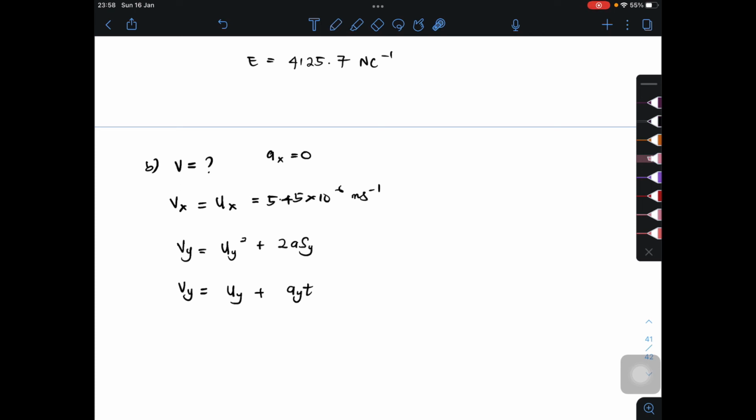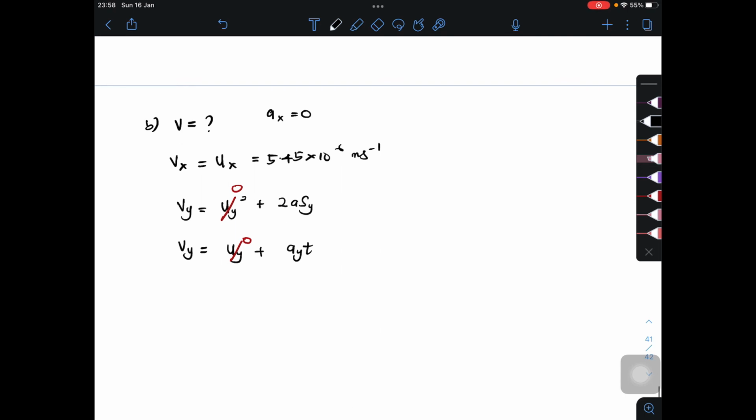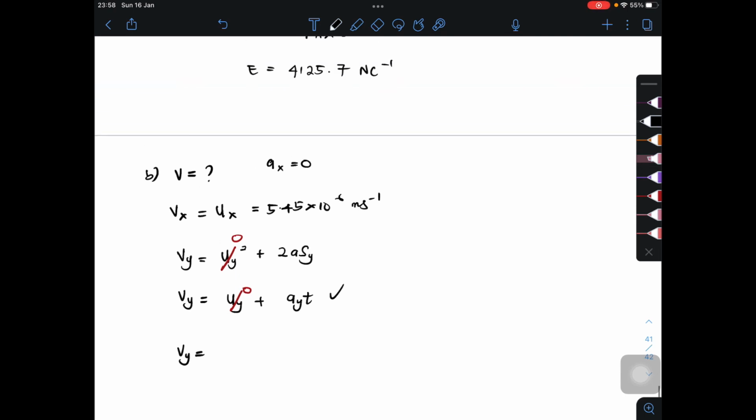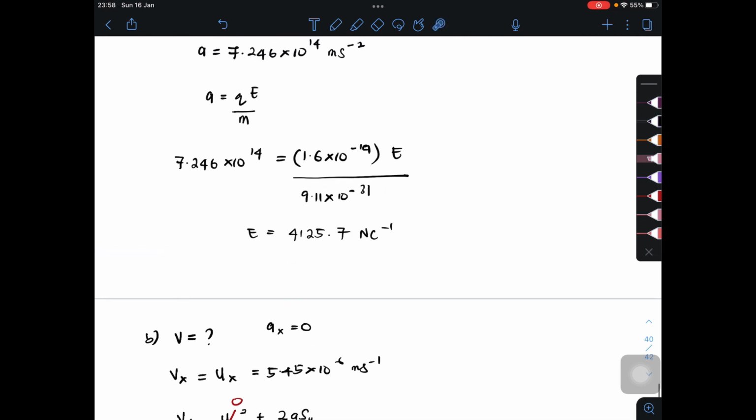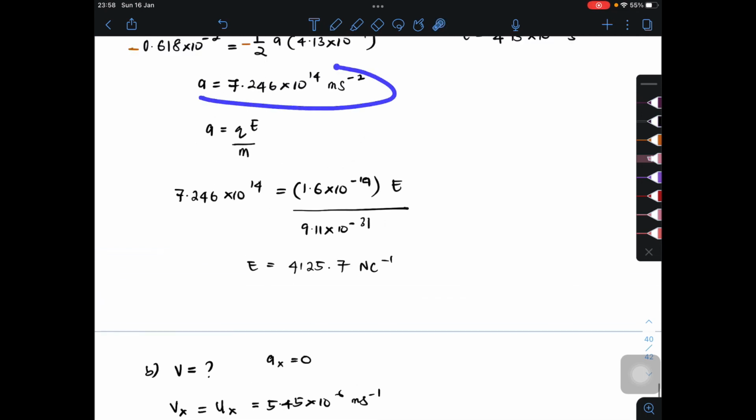So we can use either one of this equation. Uy dekat sini akan jadi sama dengan kosong. So we left with Vy is equal to this one. So mana-mana pun kita gunakan akan dapat jawapan yang sama. So I want to use this one lah. Vy is equal to ay. Ay kita sudah dapatkan tadi, which is this one here.